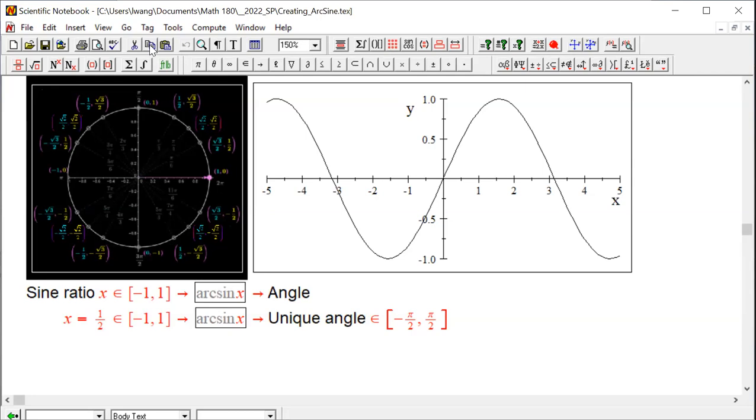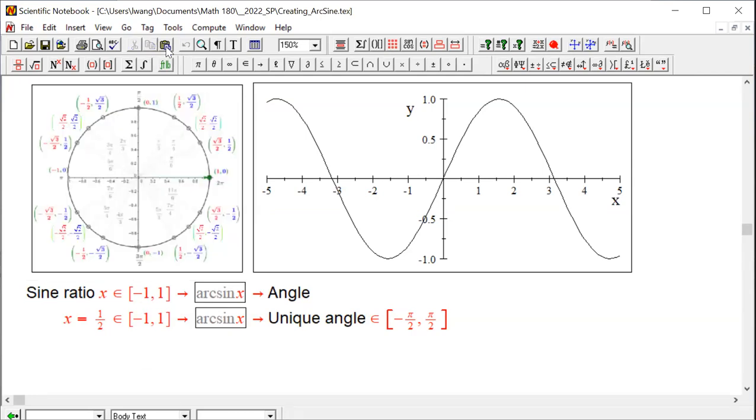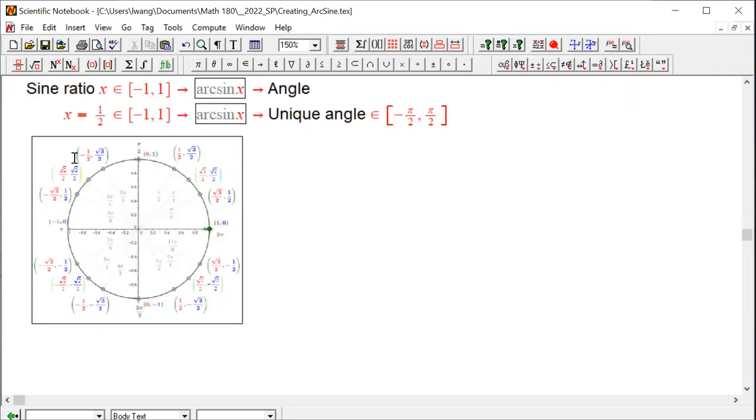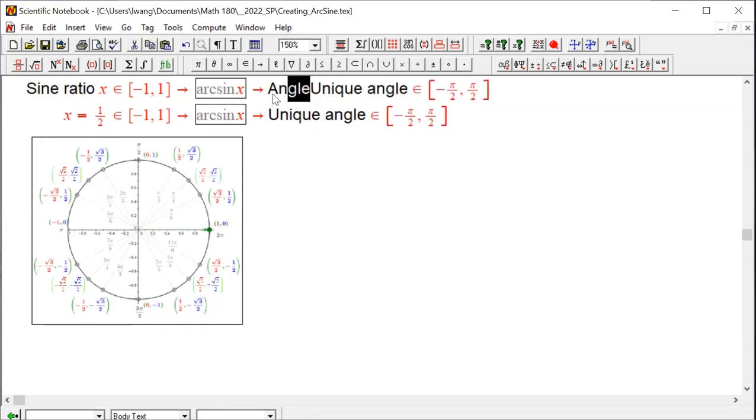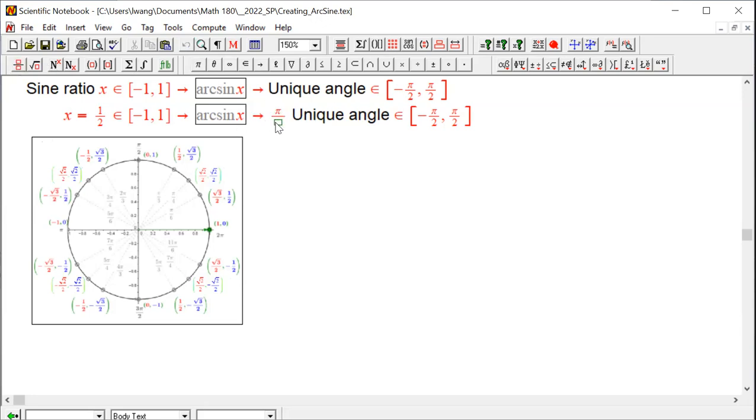So first we look at the unit circle perspective. We want input, and exactly one unique angle has to be from over here, and in this case, of course, it's going to be pi over 6.